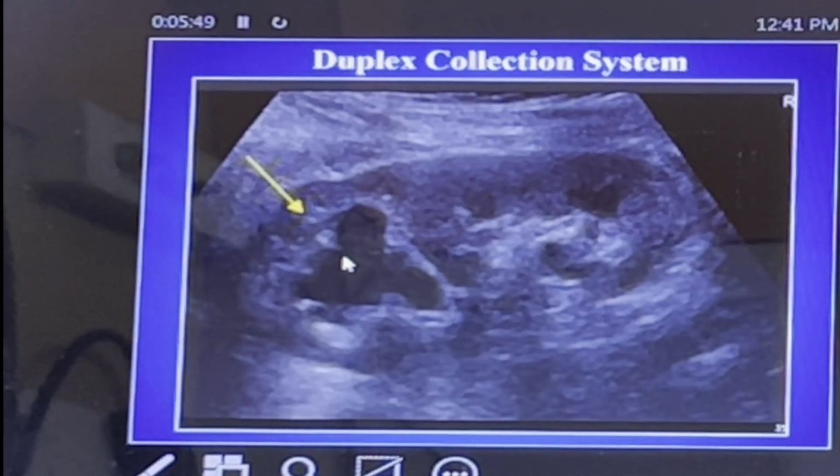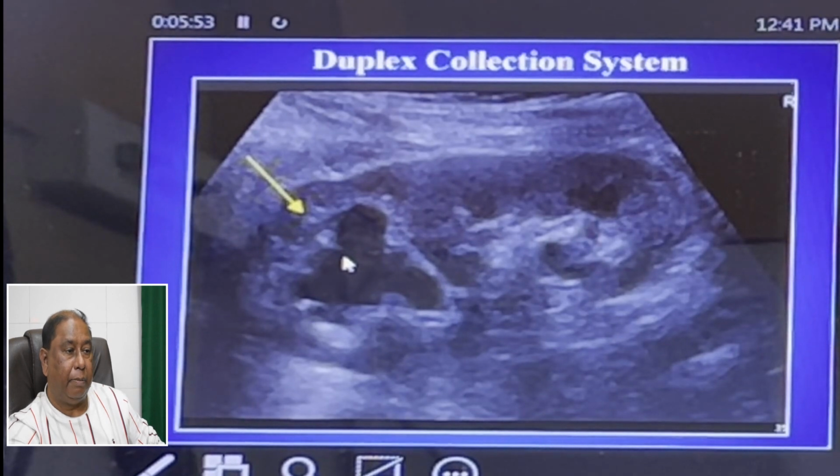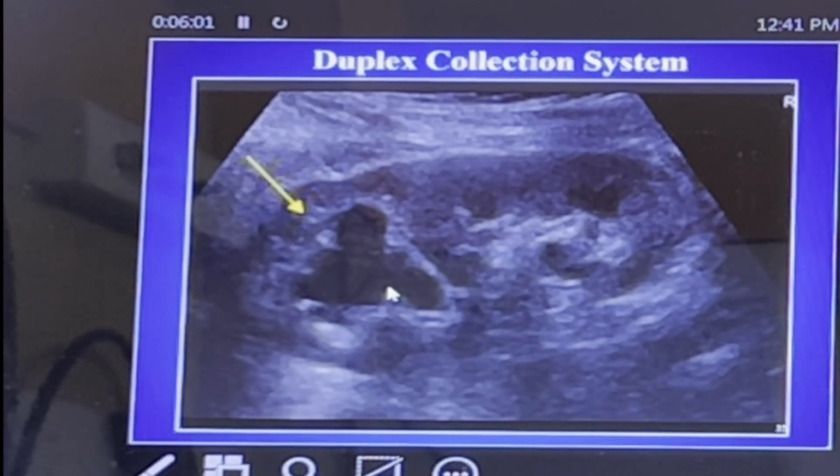The duplex kidney shows the hyperechoic renal sinus separated by a hypoechoic area of renal parenchyma, here, referred to as the split collecting system.